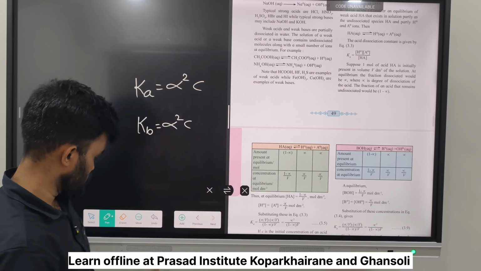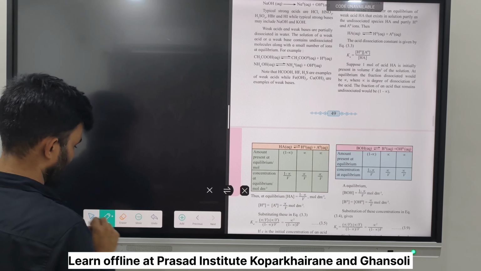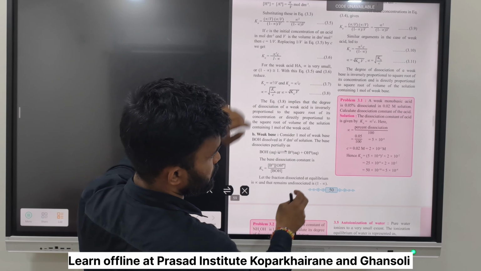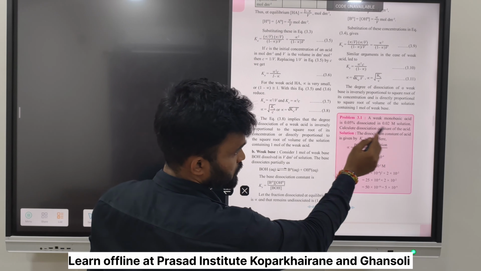Okay, so for now let's solve this numerical problem 3.1. It is not zooming. So what is given here?